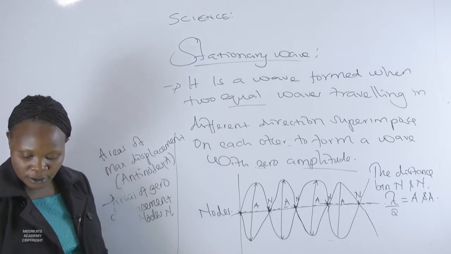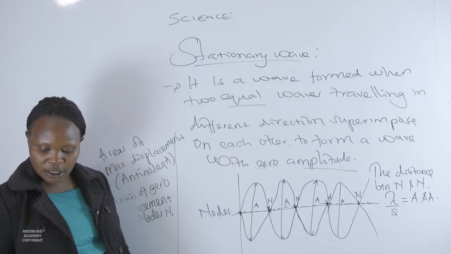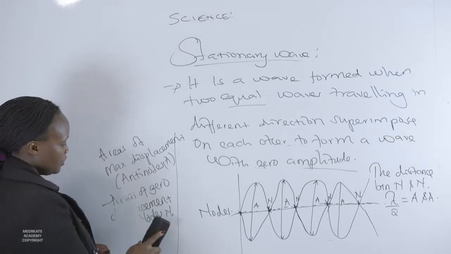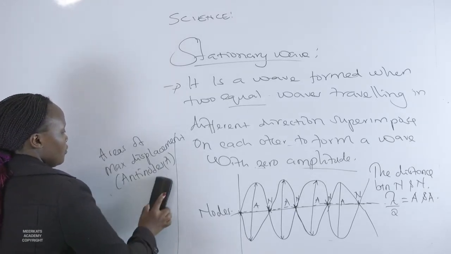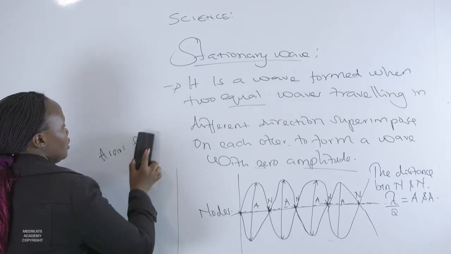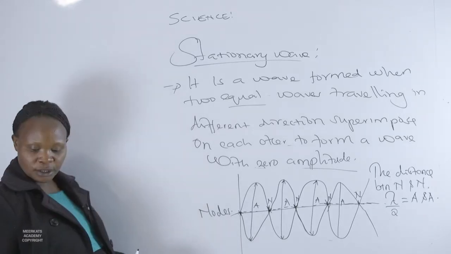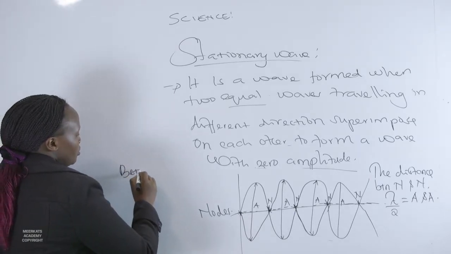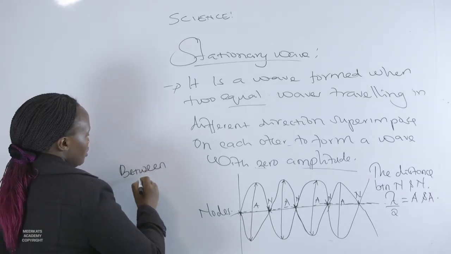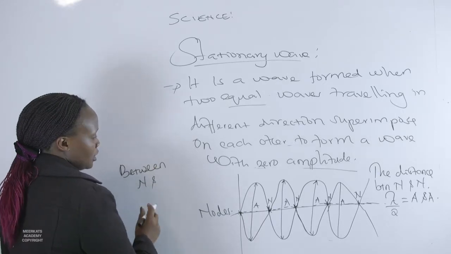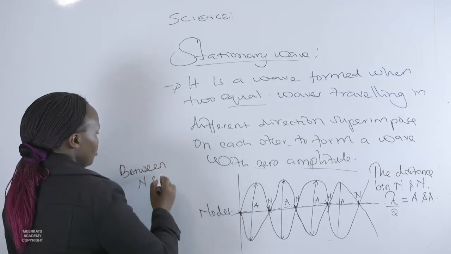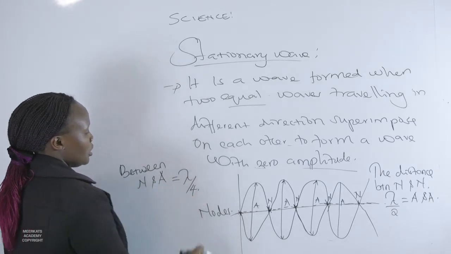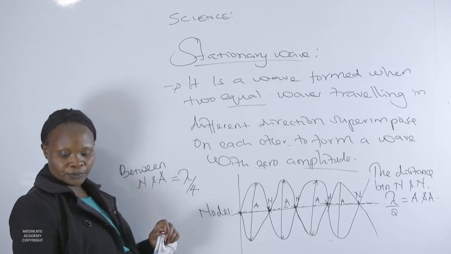Those distances are half of lambda. Therefore, it is also worth noting that between a node and the immediate antinode, the distance is actually lambda over 4.